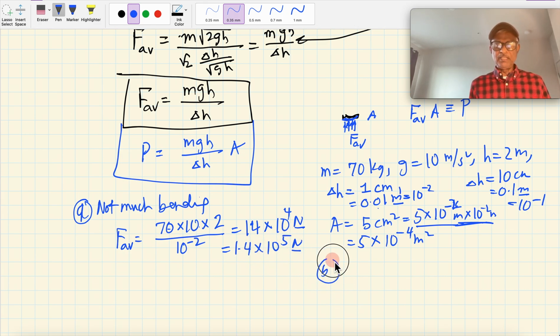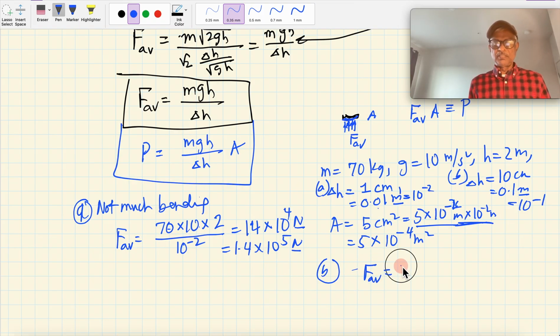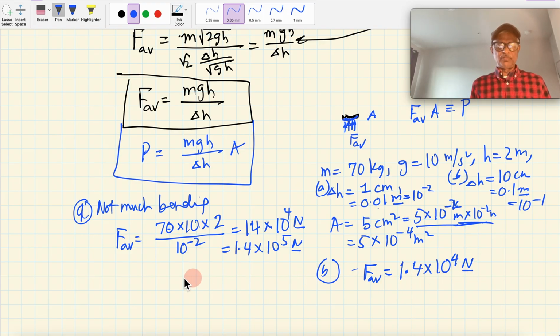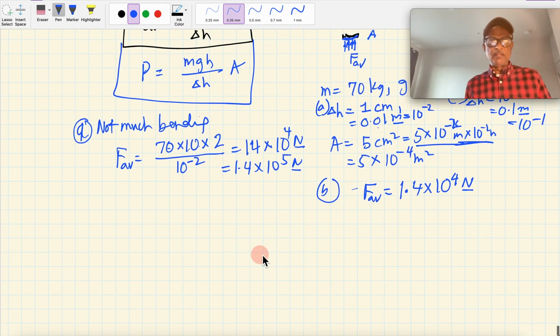And case B, if you had bent more, so this is the B case, and this is the A case. In the B case, this will be 10 to the minus 1, so F average will be just 10 times less, 1.4 times 10 to the power 4 Newton. Okay, how about the pressure?